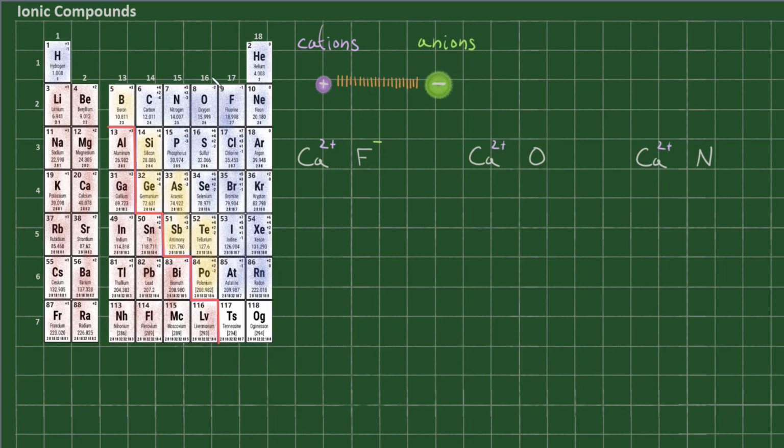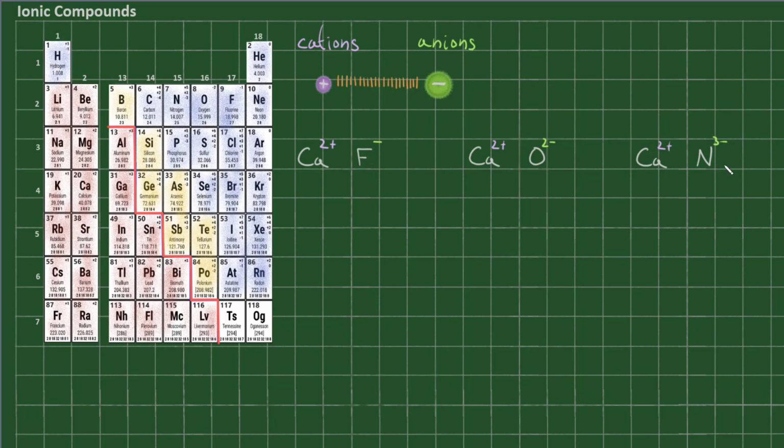Oxygen will gain 2 electrons, and so I will have a 2- charge. And nitrogen will gain 3 electrons, and so I will have a 3- charge. Fair enough. I have my ions ready. How will they combine? And what will the ionic formulas look like?